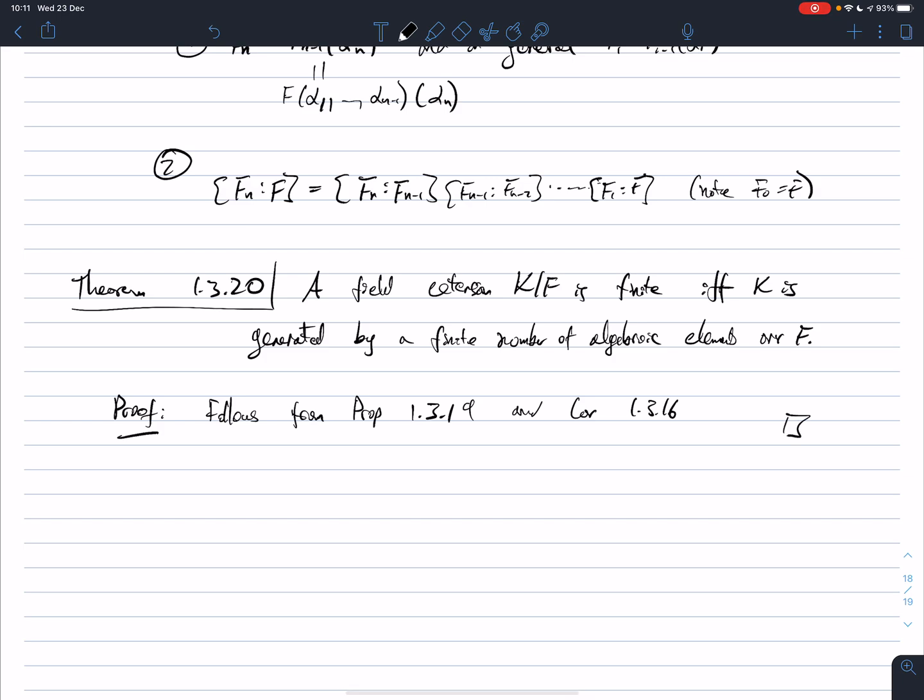So just to end with a corollary, 1.3.21.